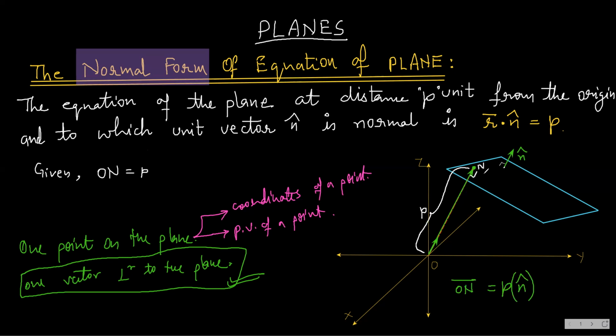And since you have one point on the plane and one vector perpendicular to the plane, you can write the equation of this plane. You will take a variable point R which has position vector r bar, then you will have N bar. N bar is perpendicular to n cap. So you will write n bar dot n cap is 0, and then it can be done. I hope it's clear to you.